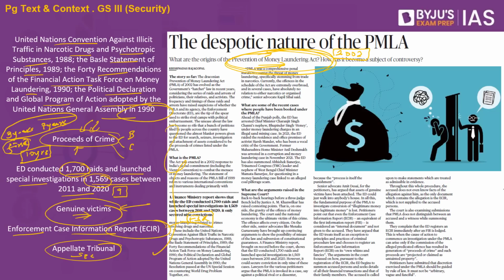So going forward, the legislature will have to take all this into perspective and amend this legislation. The Supreme Court is currently hearing a number of petitions with respect to the Prevention of Money Laundering Act. It has to pass a right judgment and serve justice to the accused and the victims, says this article. It is this that we have to understand in reference to this article.